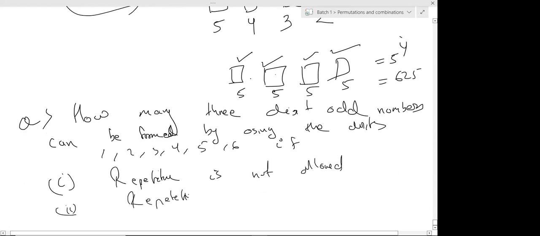Repetition is allowed in the second part. Okay, focus on 3-digit odd numbers, right? So try to solve that.